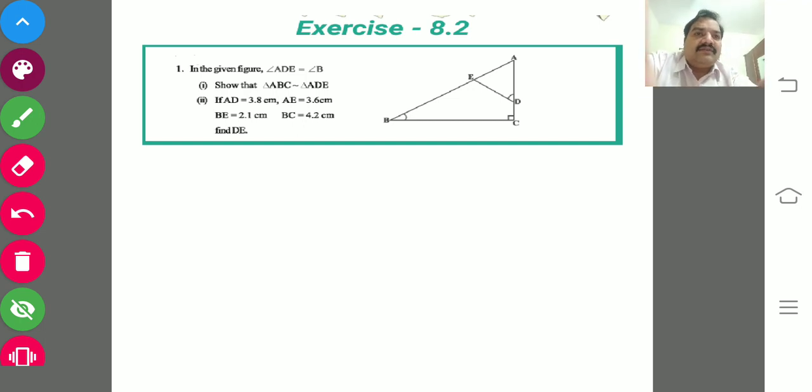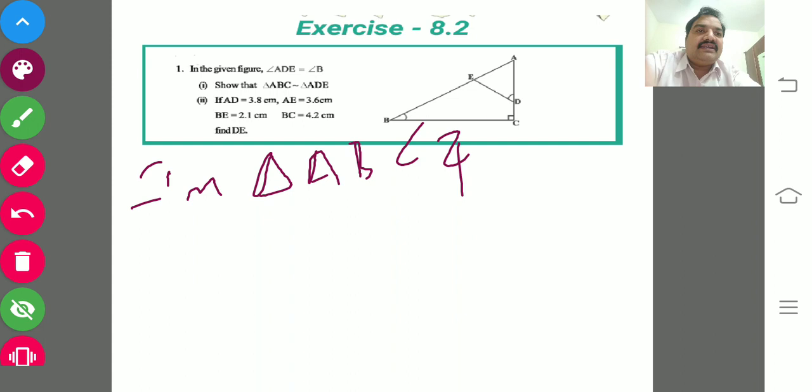First, you just take triangle ABC and another triangle ADE. So first of all, you have to find out the similarities.